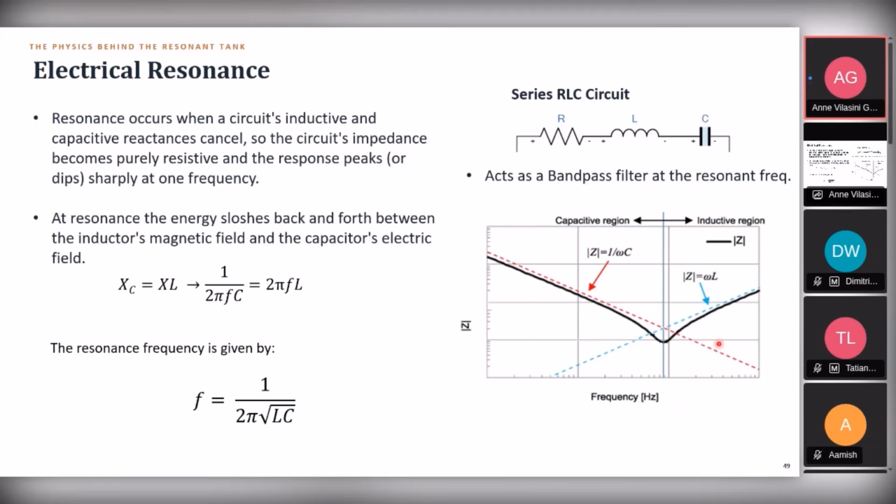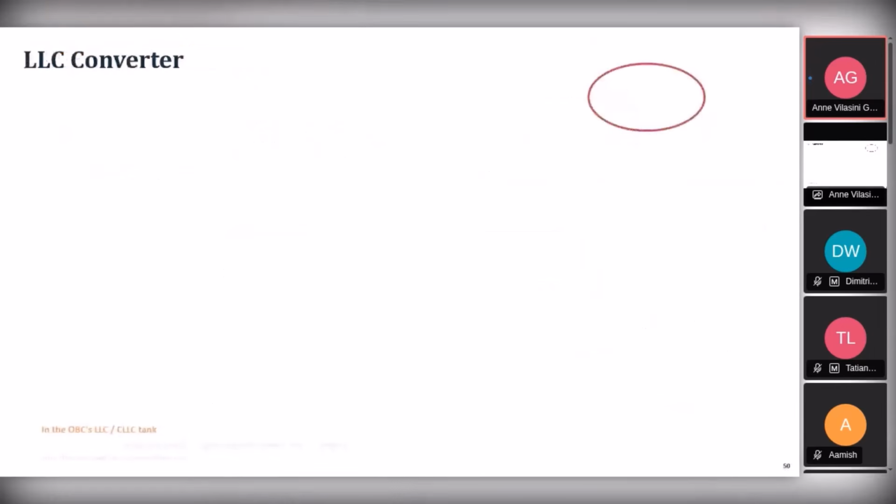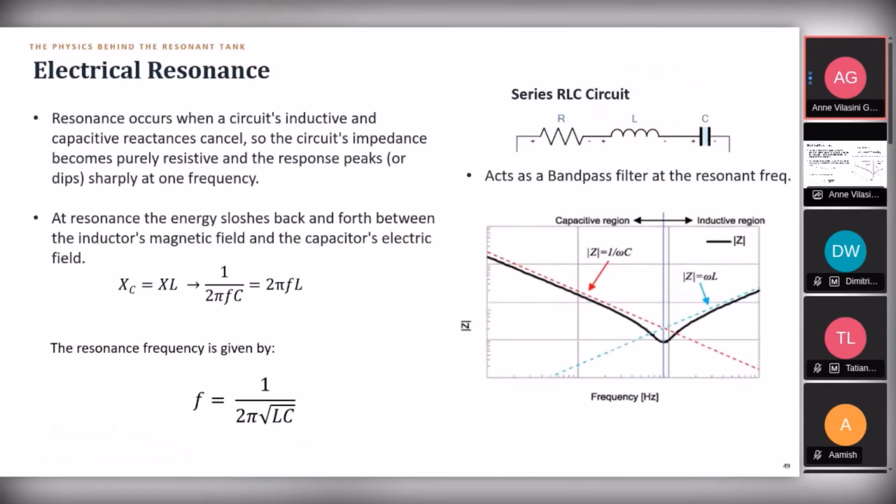Here you can see at the high frequency range, the inductor is dominating, and here the capacitor is dominating. You also have to understand that the components are chosen in such a way that they have to withstand the voltages based on the high frequency operation.